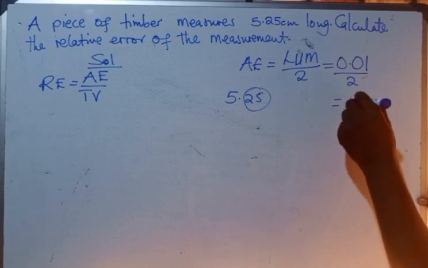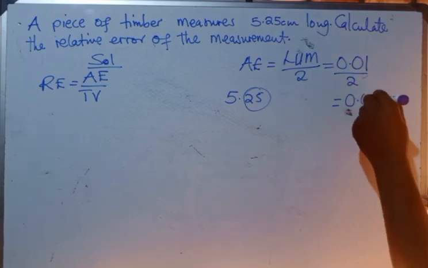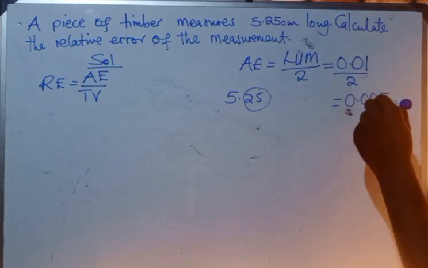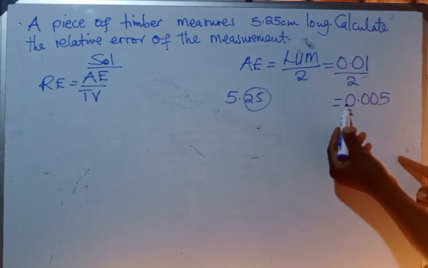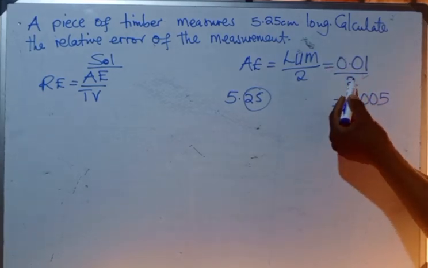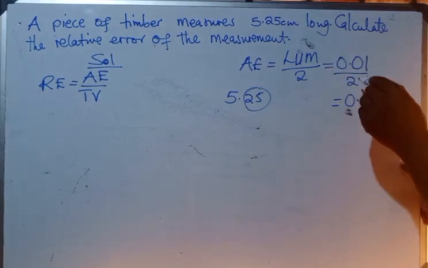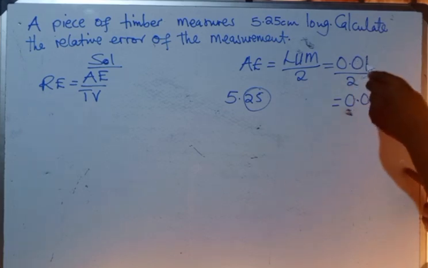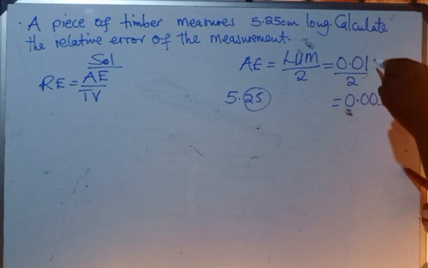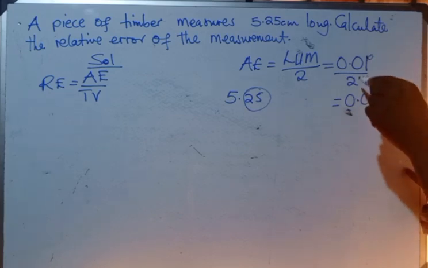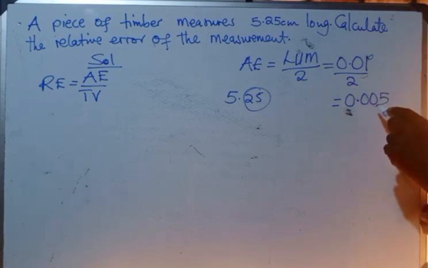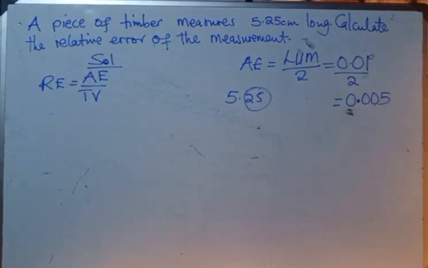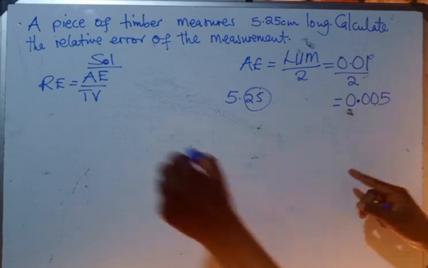Our absolute error will be 0.005. Because 2 into 0, the answer is 0. You put a point there, you go 2 into 0, the answer is 0. 2 into 1, the answer is 0. Then you put a 0 there on 1. 2 into 10, the answer is 5. So this is the reason why we have 0.005. So that is our absolute error.